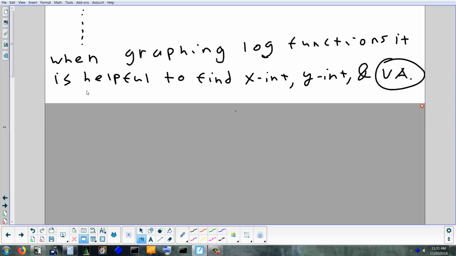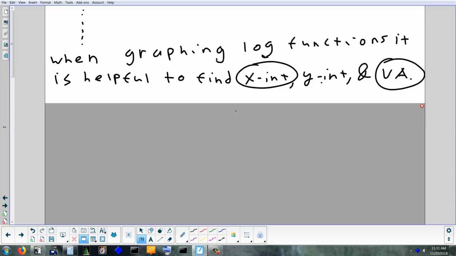As far as intercepts, your log function will always cross the x-axis. Always. How come? Why is a log function guaranteed to always cross the x-axis somewhere? Yeah? It goes up and down forever. So if something goes up and down forever and it's continuous, you never lift your pencil, it's going to cross the axis somewhere.